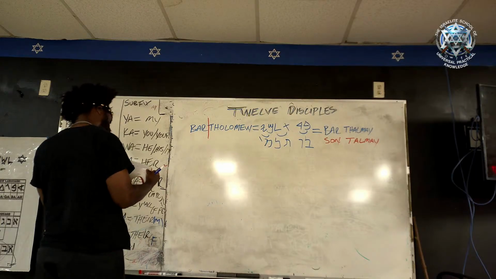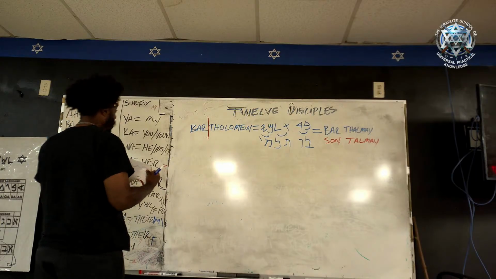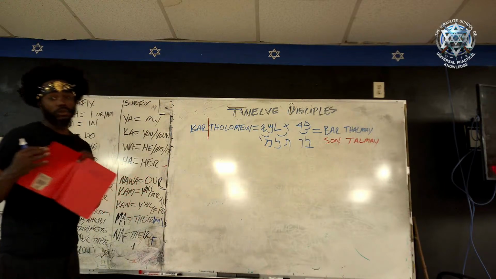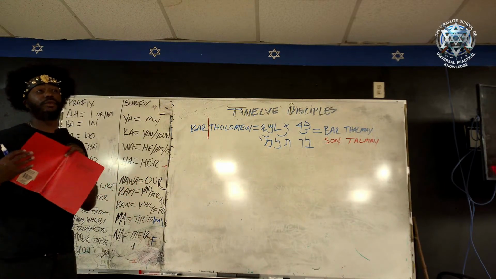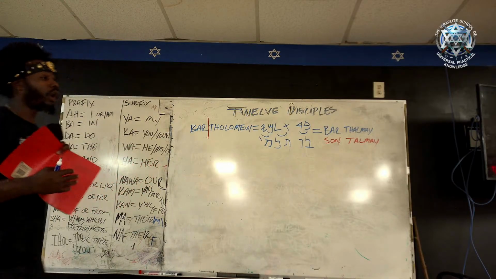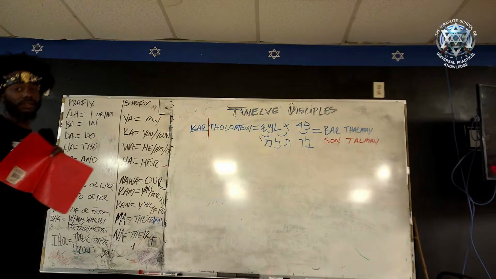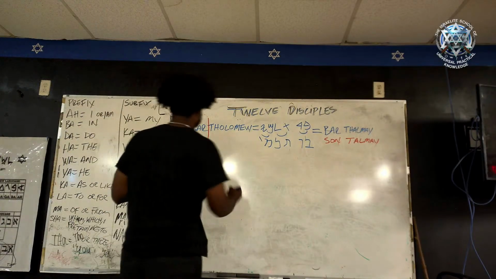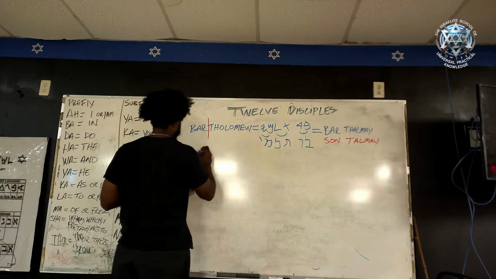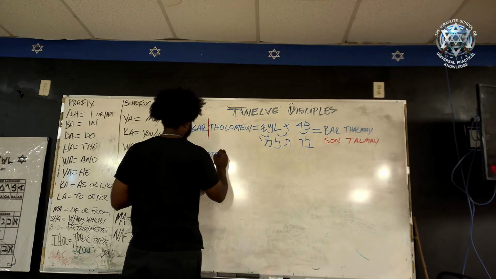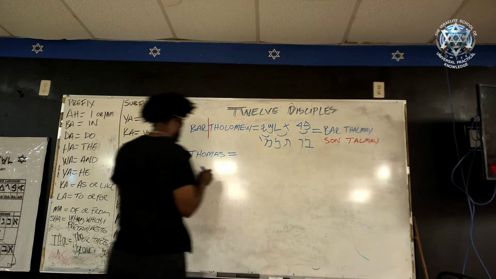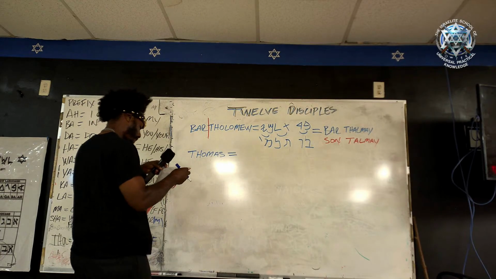Who we got next? Oh, and this next name that we're about to do, this is how you know, especially in today's time, because this person's name is what all the YNs call each other. All right. So the next disciple we're going to do is Thomas, right? Doubting Thomas. Doubting Thomas, right?